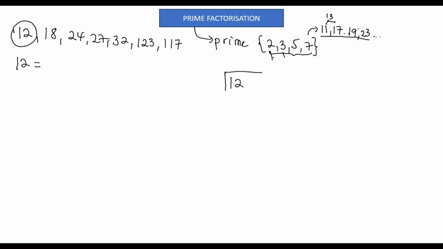We start with 2 and go forward. So let's see how it's done. First you need to check if 2 can divide this number. 2 can divide this number. If you watched the previous video, you know that 2 can perfectly divide this number because it ends with an even number. The divisibility rules.